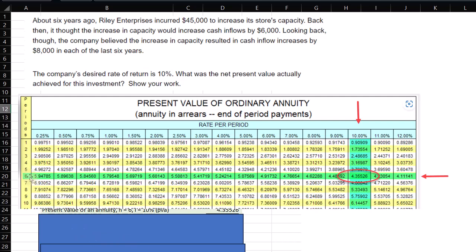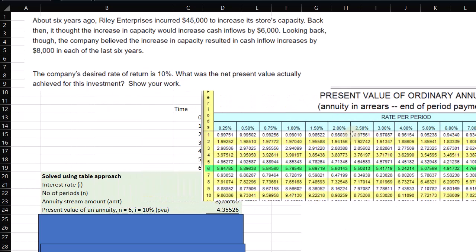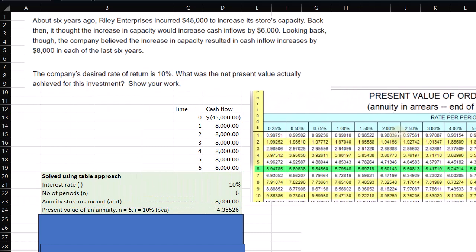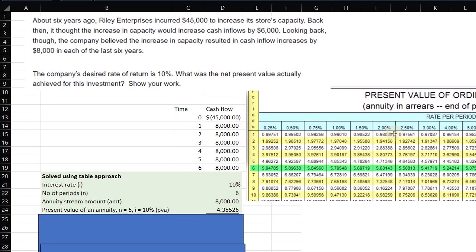So 6 is the number of periods, and the interest rate is 10%. So there's our value right there, 4.35526.